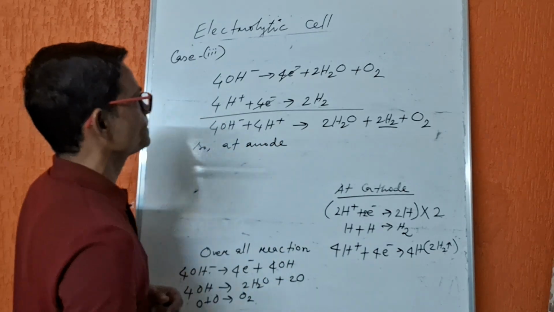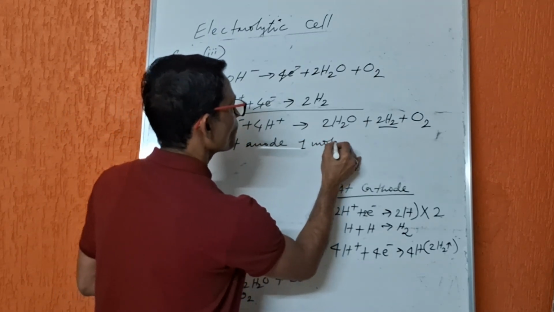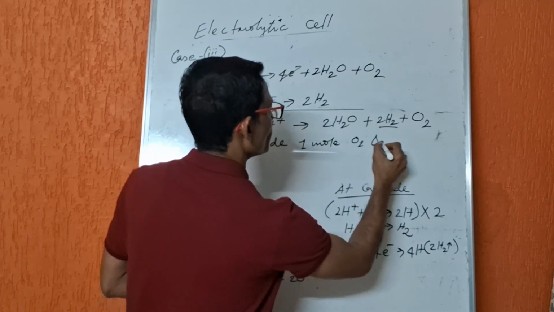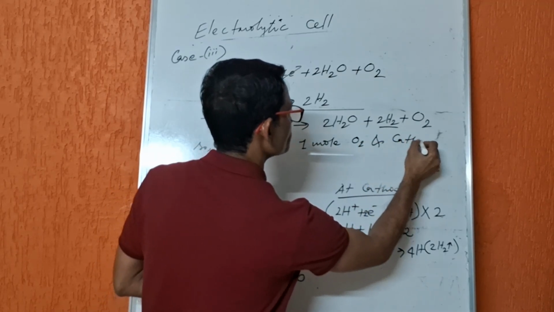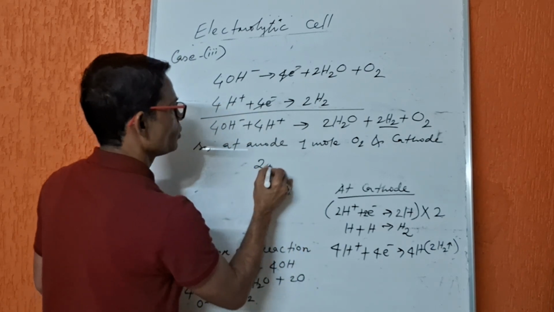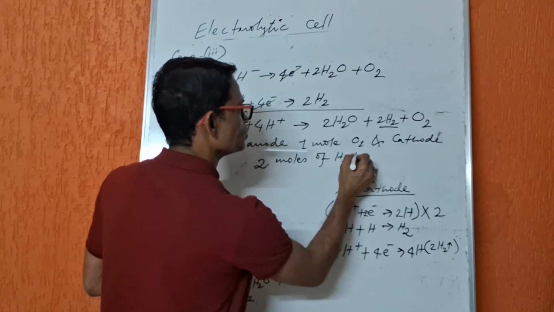there is 1 mole of O2, and at the cathode there are 2 moles of H2.